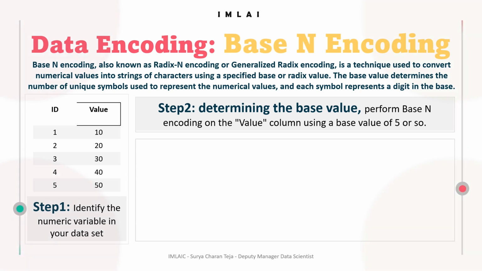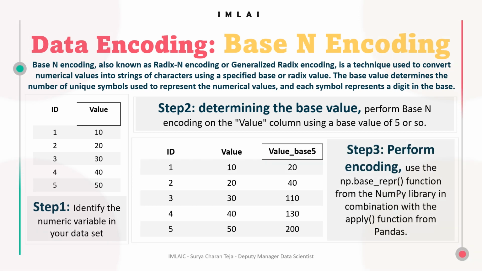Once you have decided the base, for example, I have decided a base of 5, then I will move on to step 3, perform encoding. Use the np.base function from the NumPy library in combination with the apply function from pandas.